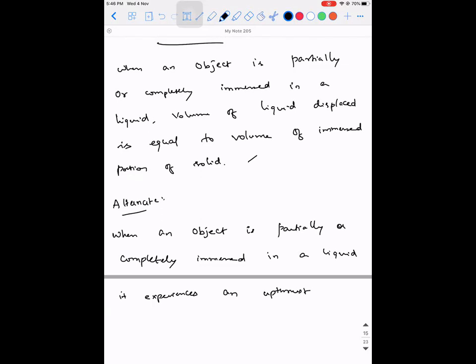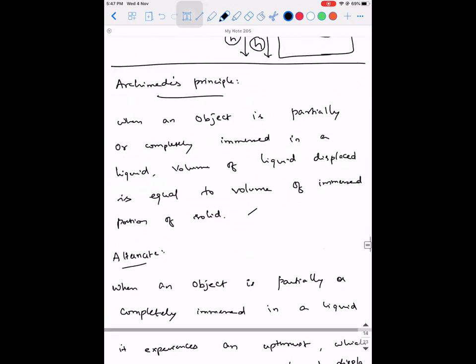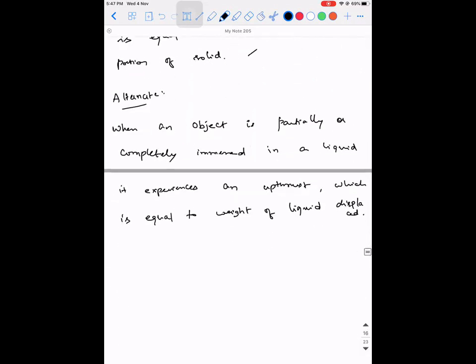This upthrust is developed in such a way that upthrust is equal to the weight of the liquid that is displaced.